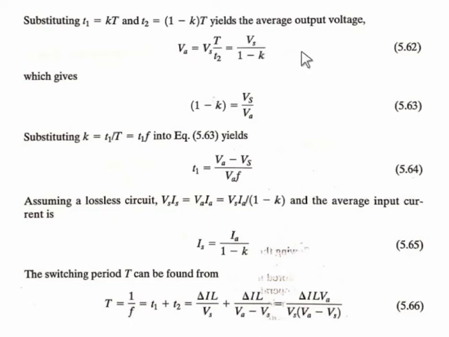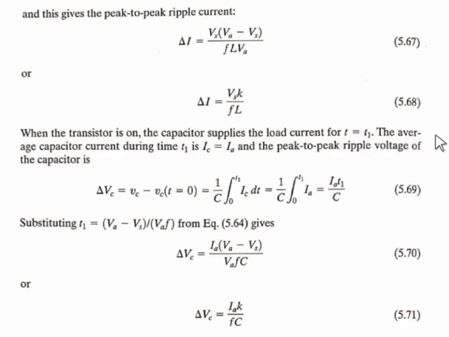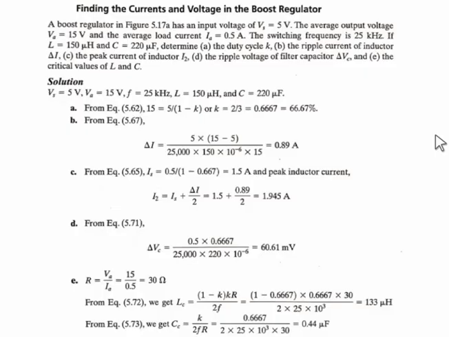Vs equal to 5 volts. So by solving this equation we get K. So 15 equals 5 divided by 1 minus K. So K equal to 2 by 3 or 0.66. In percentage it is 66.67%.